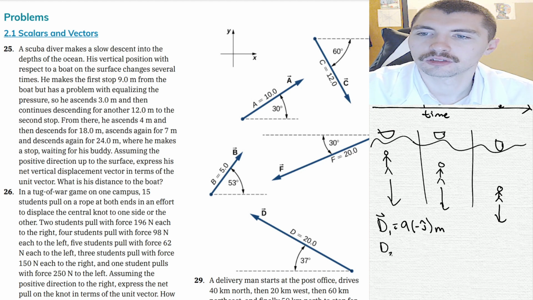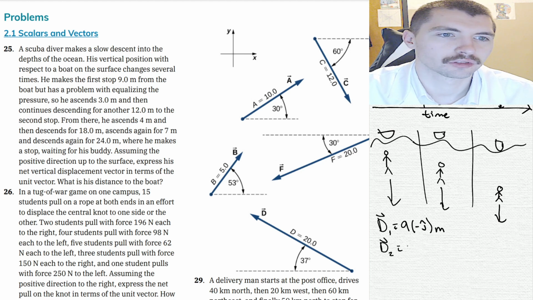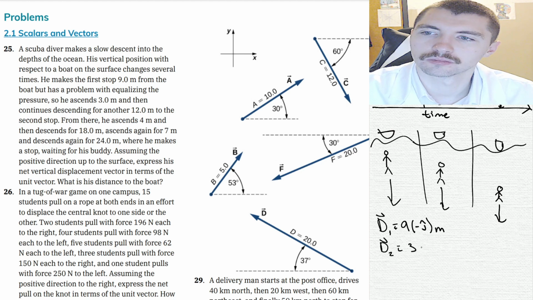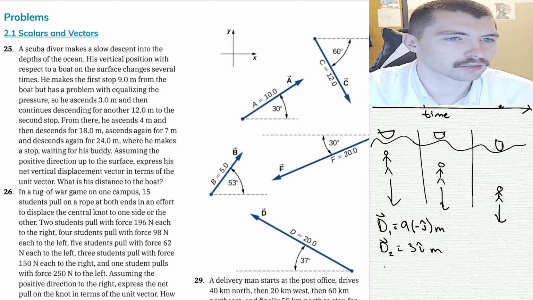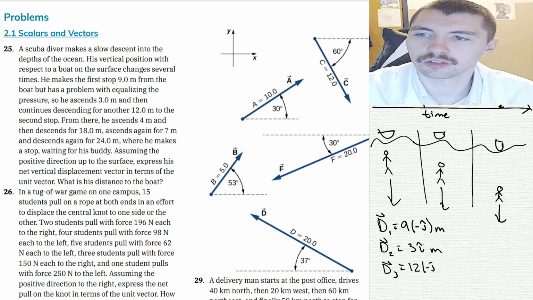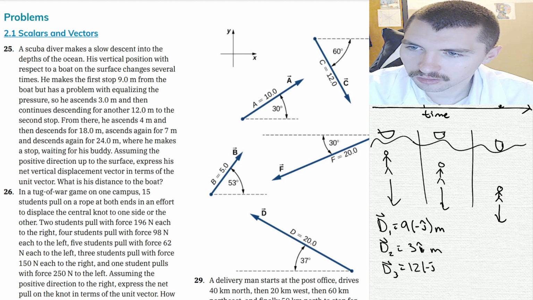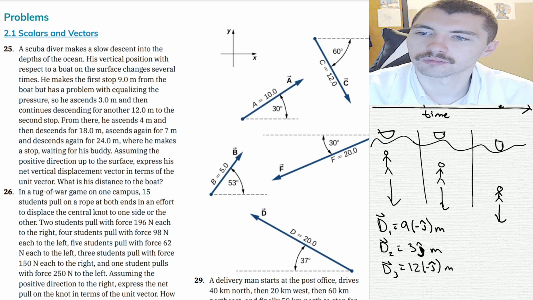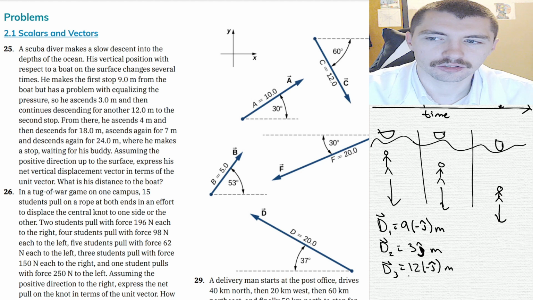So D2 equals 3 meters up, negative 12 J. Descending 12 meters.